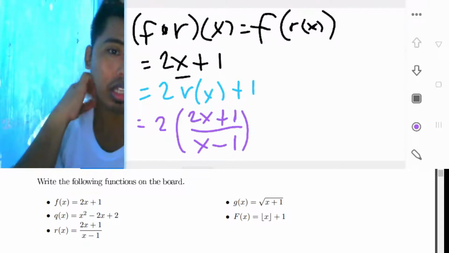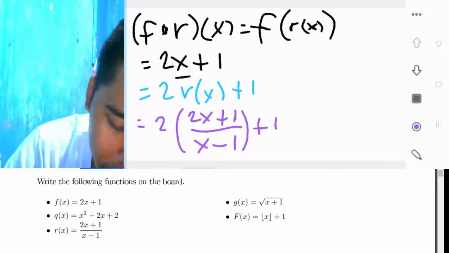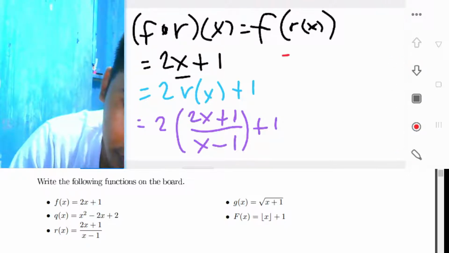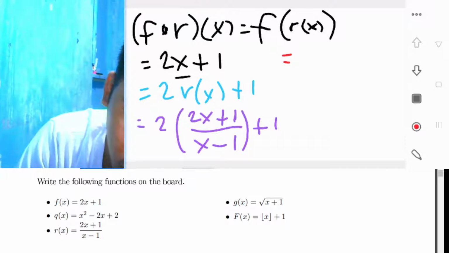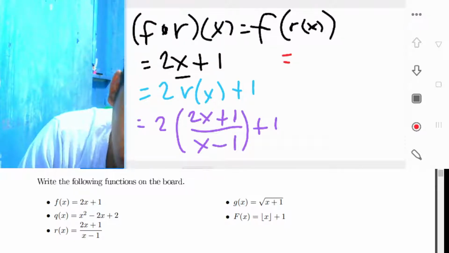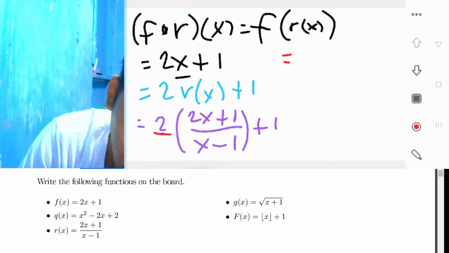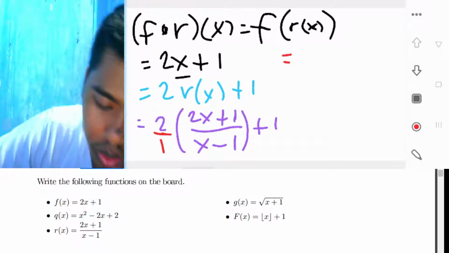Okay, then after that, don't forget the plus 1. Okay, then after that, we're going to simplify it. So in order for us to deal with fraction here, put over 1.